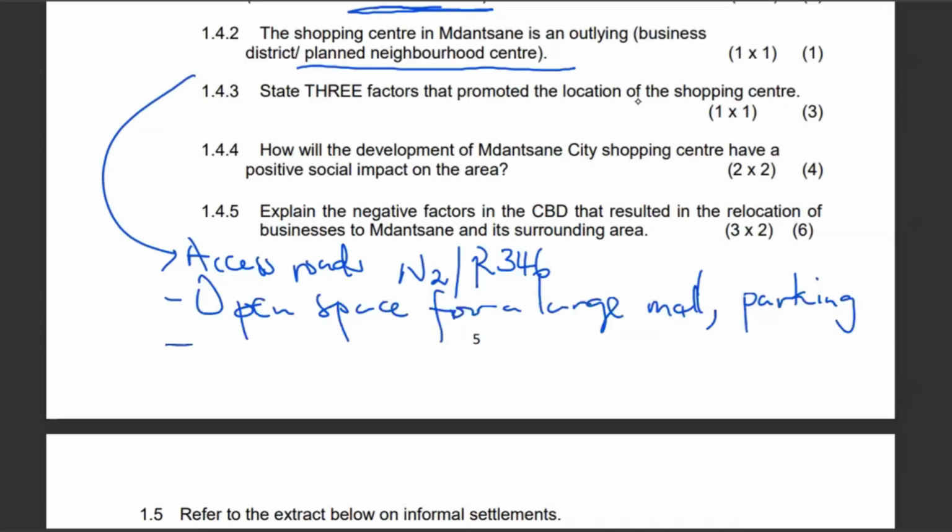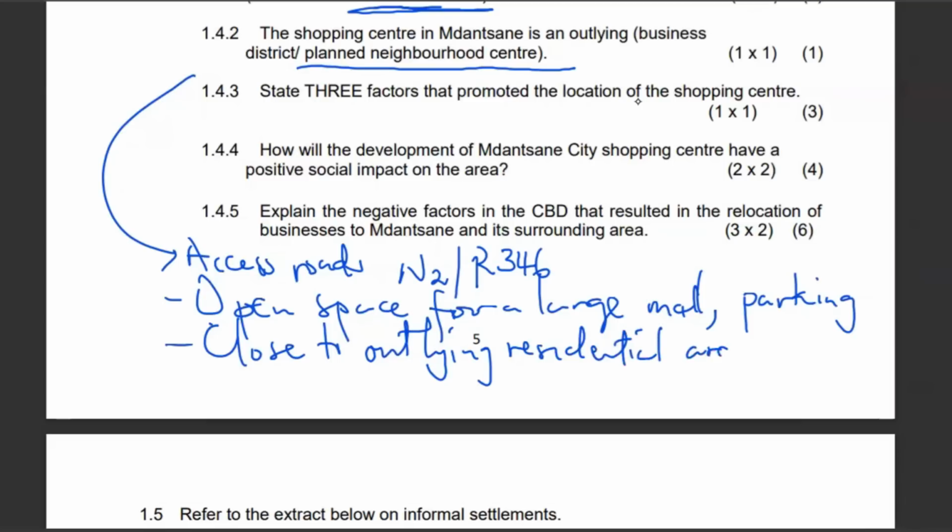It's a favoring factor. And also we can check it is close to outlying residential areas. So for that reason, they have a market base. There's a market because it's close to the outlying residential areas.